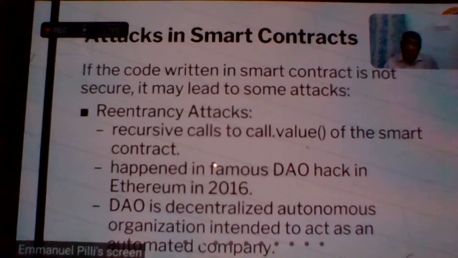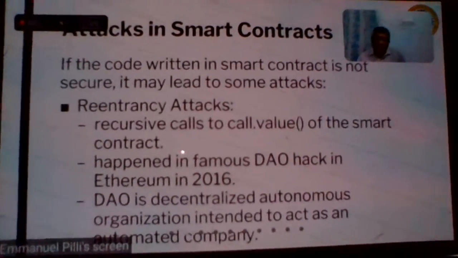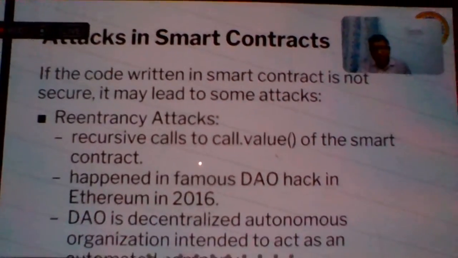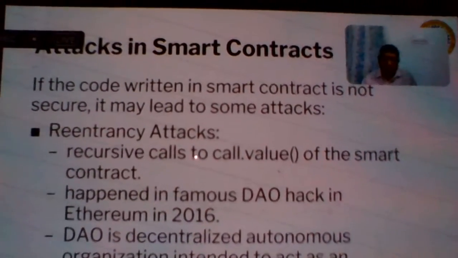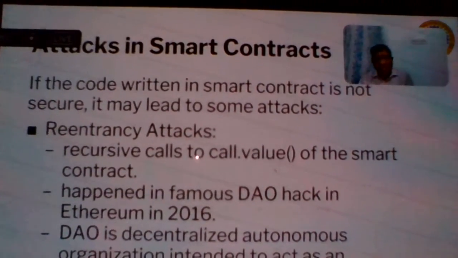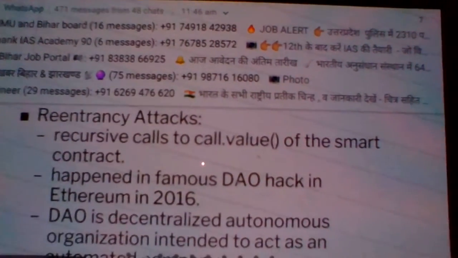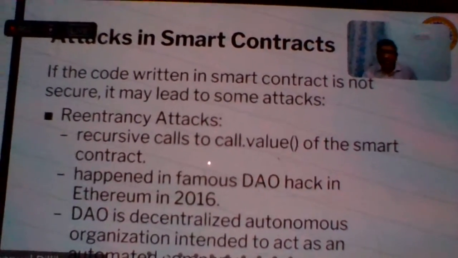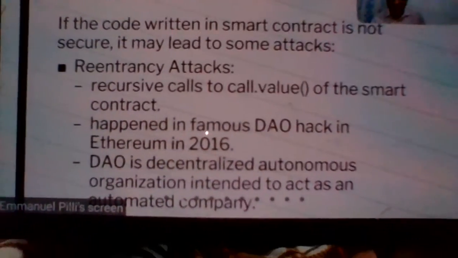Smart contracts can also be attacked, and there are some vulnerabilities in the Solidity programming environment. One specific thing is not secure and can lead to some attacks. The Solidity code can be attacked; they are called re-entrancy attacks. There are some functions called call.value, and you can make recursive calls to them. There was the decentralized autonomous organization attack, the DAO attack, on Ethereum, which happened in 2016 and was very popular.